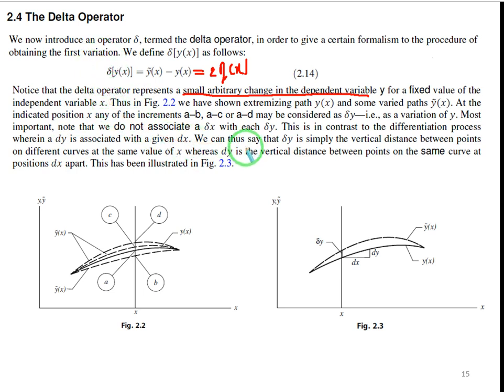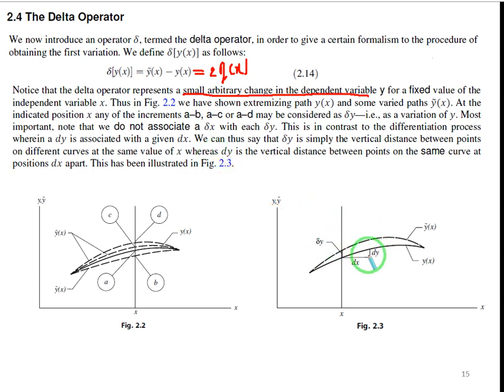Okay, till now we know what delta y of x is, and in graphical view we can say that delta y of x is a vertical displacement of y of x, and we don't have any change in the independent parameter x, and there is a distinct difference between d of y and delta y, as we can see here.